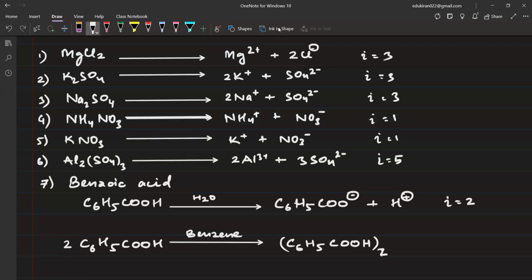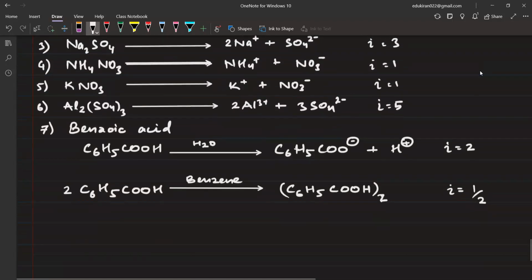Now, i is equal to the number of particles after dissociation or association over before. Here we have only one particle, one molecule of the dimer, and before association we have 2. So i will be equal to 1/2.